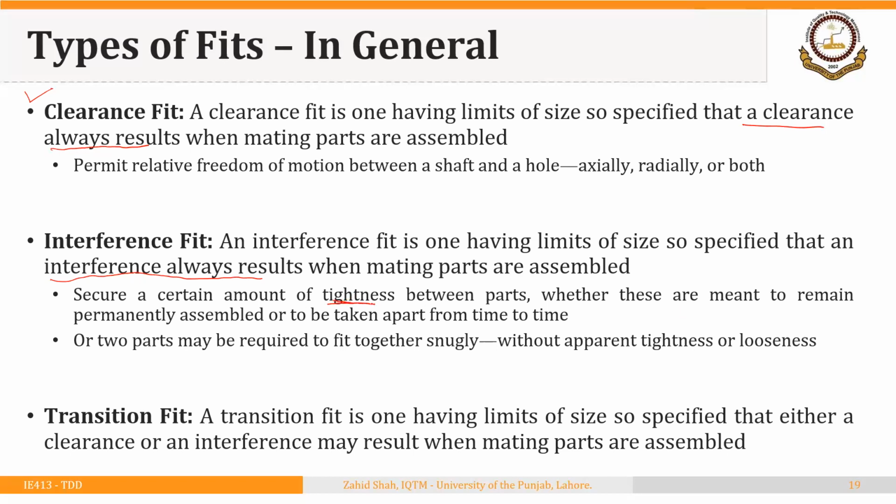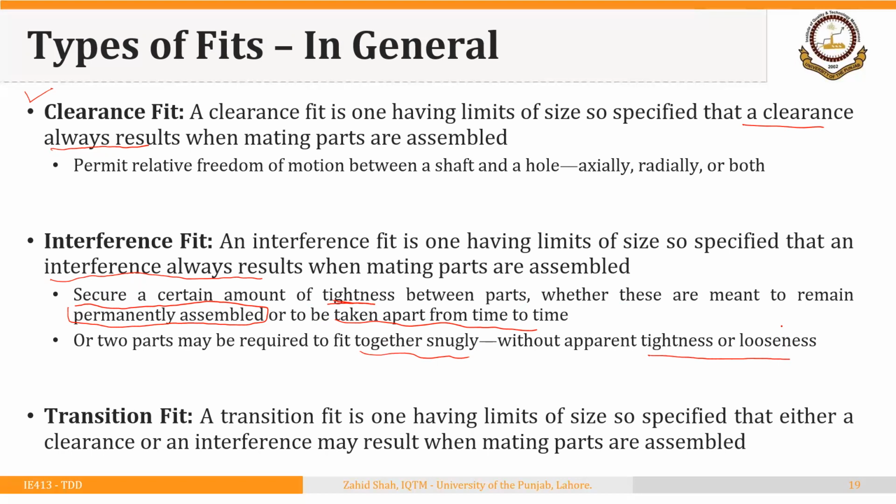Either these are meant to remain permanently assembled. So that is one of the uses of interference fits, or to be taken apart from time to time. Or two parts may be required to fit together snugly without apparent tightness or looseness.